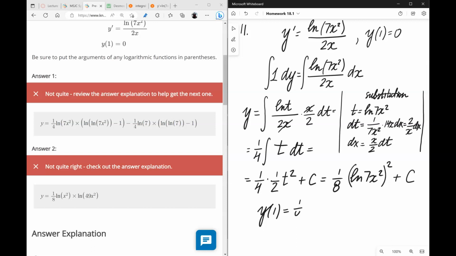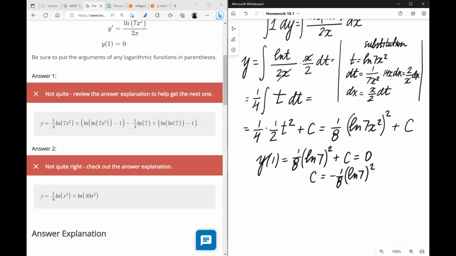So we have 1/8 ln of 7 squared plus c equals 0, meaning c is equal to negative 1/8 ln of 7 squared. And the final answer will be y of x is equal to 1/8 ln of 7x squared minus 1/8 ln of 7 squared.